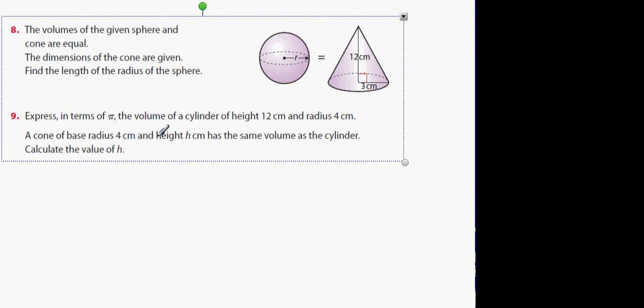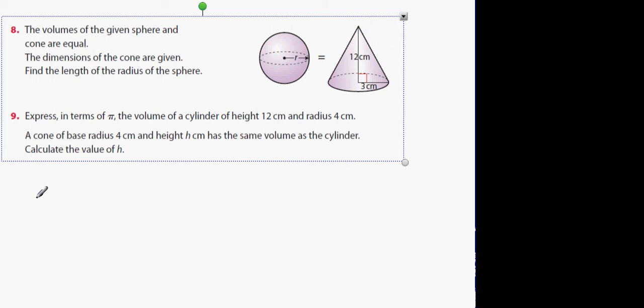Okay, now next one. The volumes of the given sphere and cone are equal. The dimensions of the cone are given. Find the length of the radius of the sphere. Cone equals sphere.